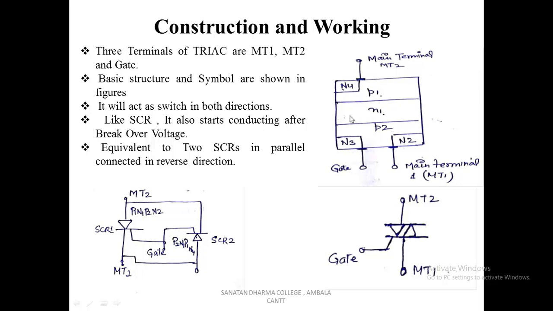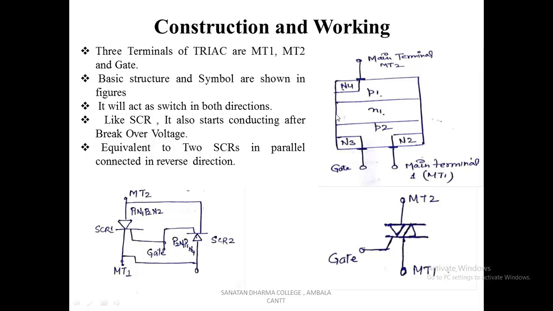We can also understand this Triac as two SCRs connected in anti-parallel direction. You can see here two SCRs: P1, N1, P2, N2, and P2, N1, P1, N4. So this is how we can interpret any Triac with two SCRs connected in anti-parallel.